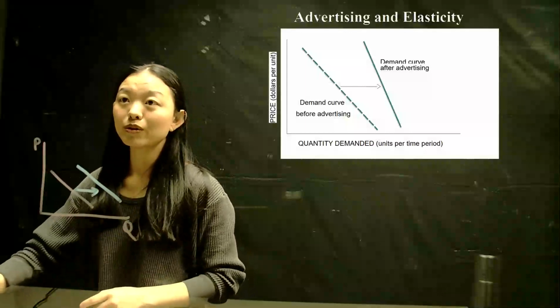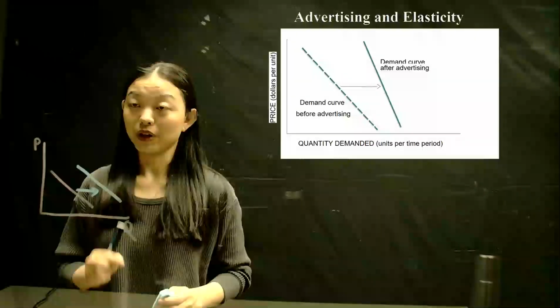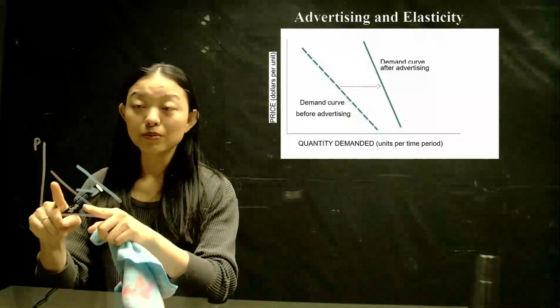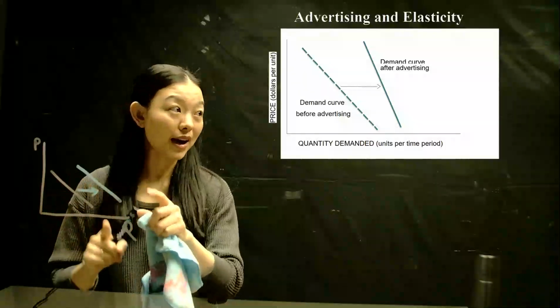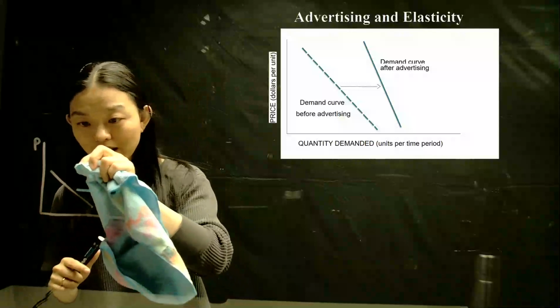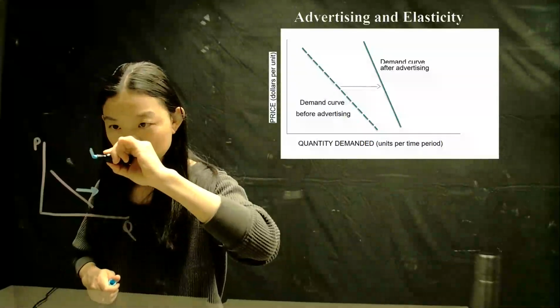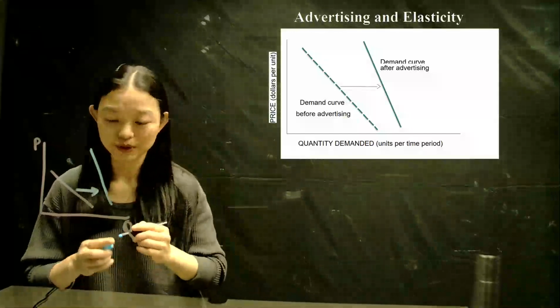Consumers can also build up brand loyalty because of advertising. Therefore, the demand curve will shift to the right-hand side, and it will also become steeper.